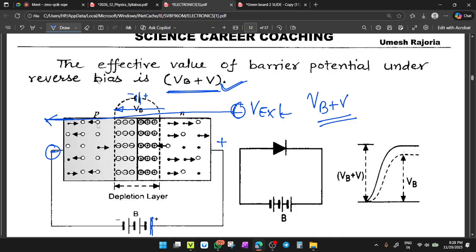Now what is happening here? All the holes will rush towards the negative terminal and all the electrons will move towards the positive terminal.